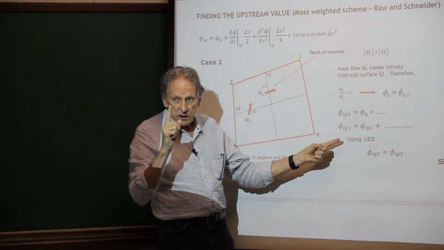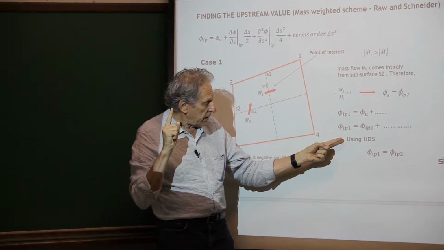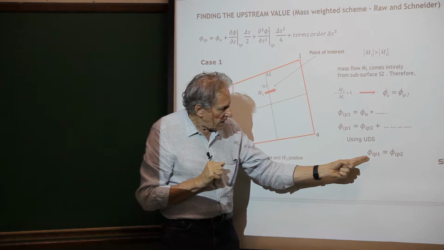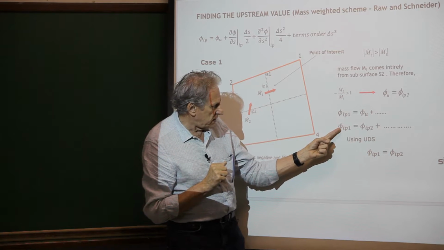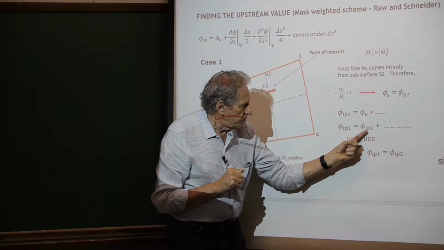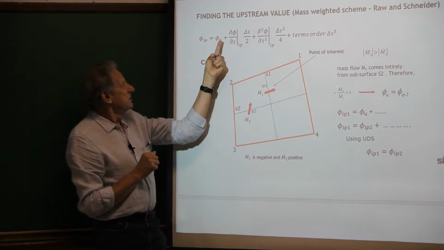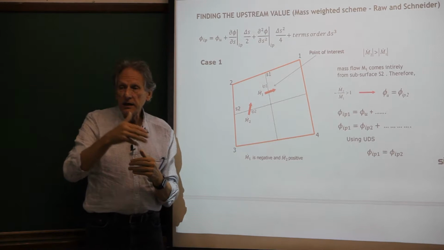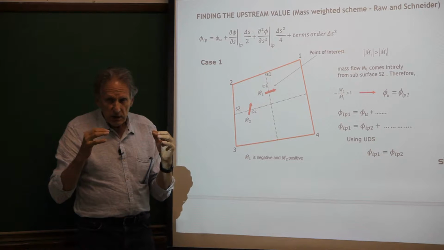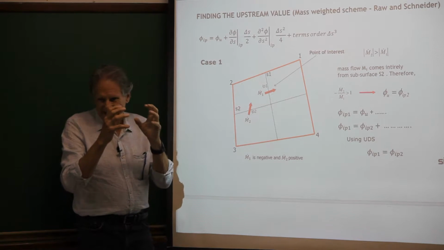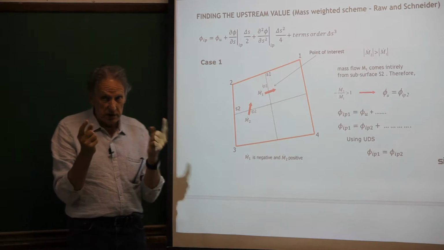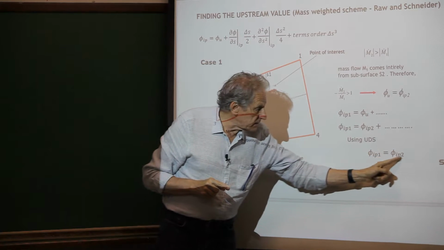Because if you use the pure upstream differential scheme, you are going to say that the phi at IP1 will be equal to phi IP2, because you are dropping terms here, which really is an antidiffusive flux which tries to reduce a little bit the numerical diffusion that you have if you use that.